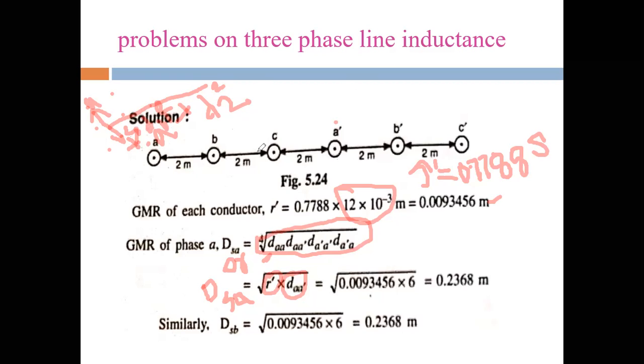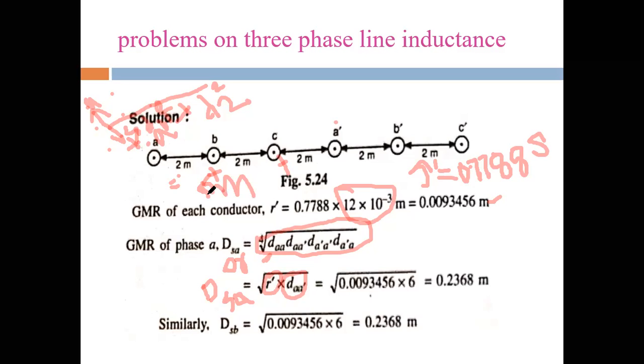Therefore, the distance between A to A dash is found by adding the distances: A to B is 2, B to C is 2, and C to A dash is 2. So 2 plus 2 plus 2 is 6 meters.